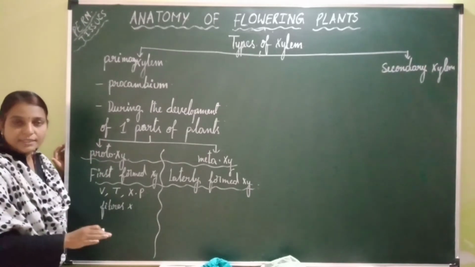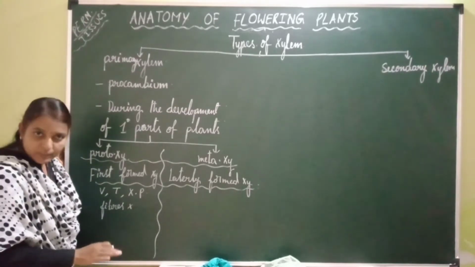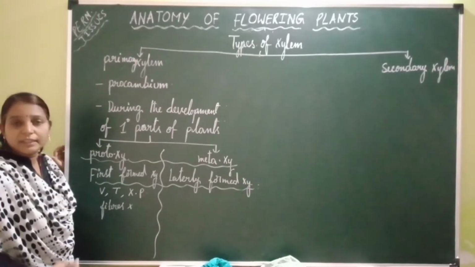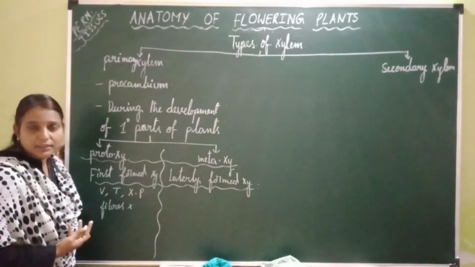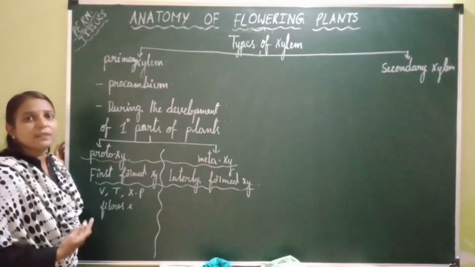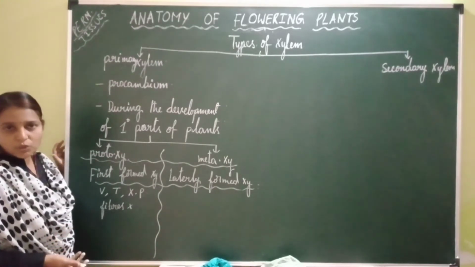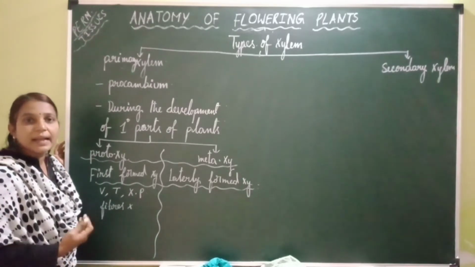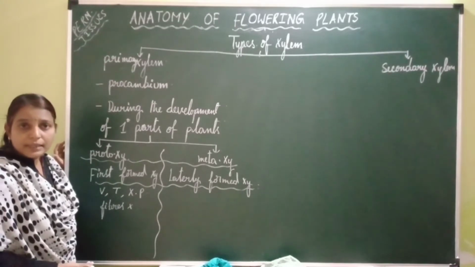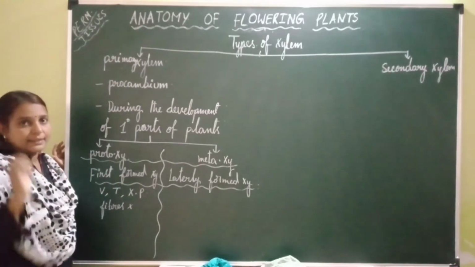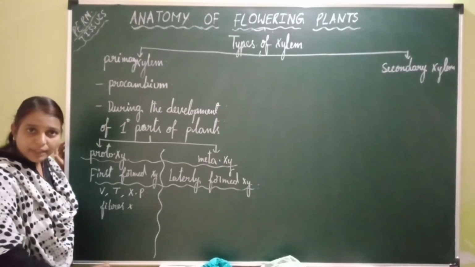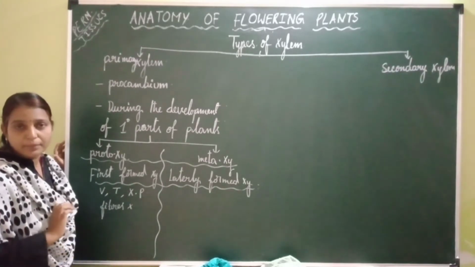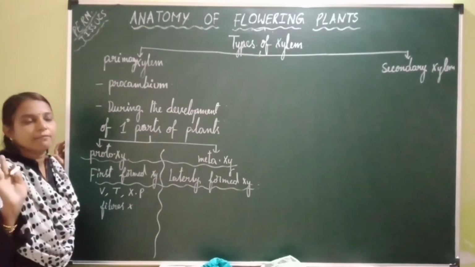Plants which are dwarf do not require much mechanical strength, so fibers are not developed. What is the function of fibers? Xylem fibers are involved in providing mechanical support, which is required for tall plants. Here the plant is short, so mechanical support is not required and hence fibers are not developed.